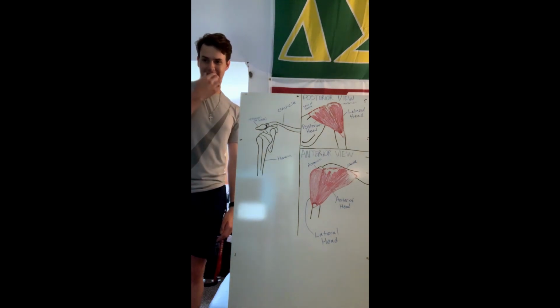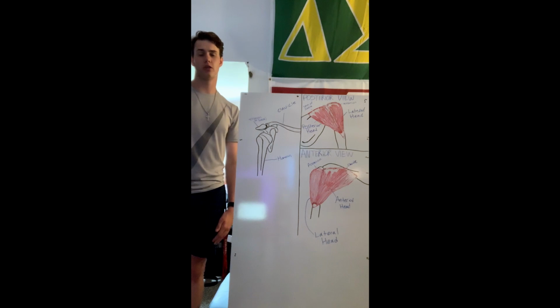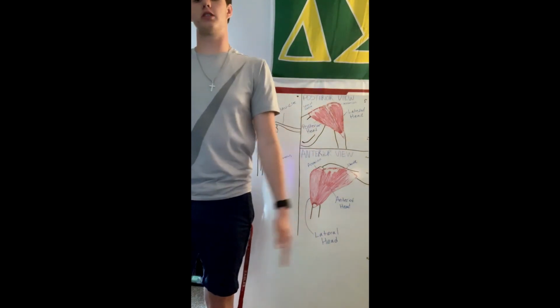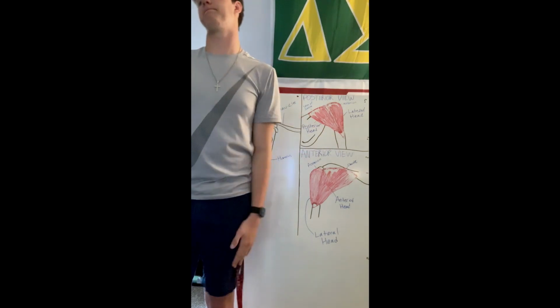This is working your posterior head, or the back of the deltoid. Anterior, posterior. Lastly, we're going to move on to the lateral head of the deltoid, and their main function is abduction of the shoulder, which is just fancy terms for this motion. So you're just moving it straight out from your body.